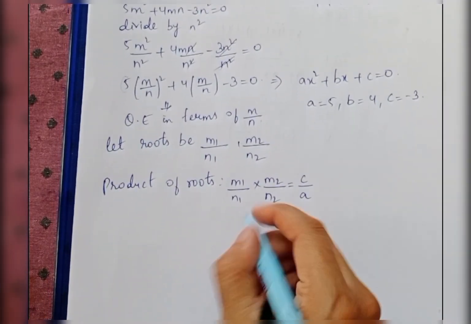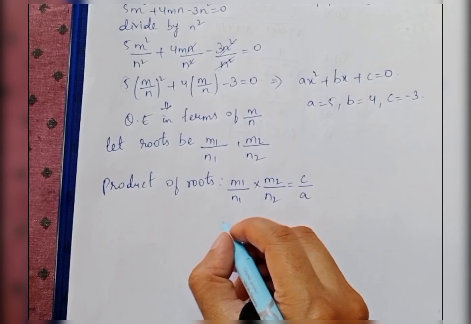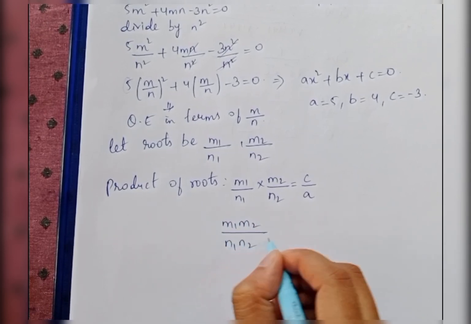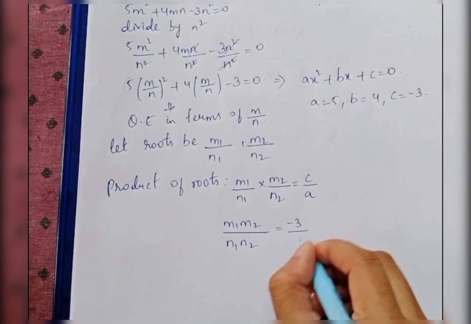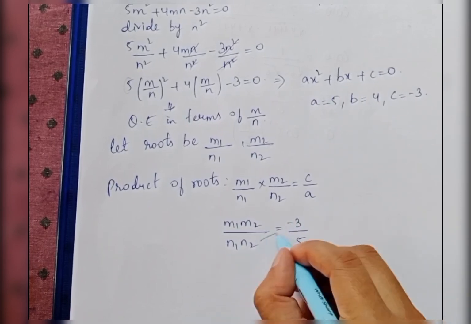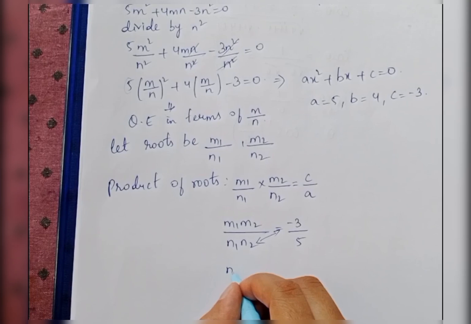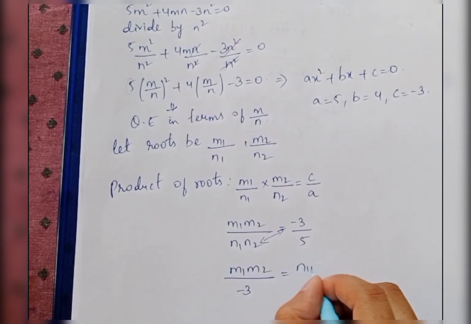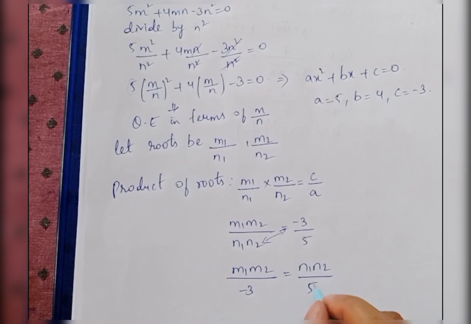Substituting the values, it will be m1 m2 by n1 n2 is equal to minus 3 by 5. Now we'll interchange these two terms, so it will be m1 m2 by minus 3 is equal to n1 n2 by 5.